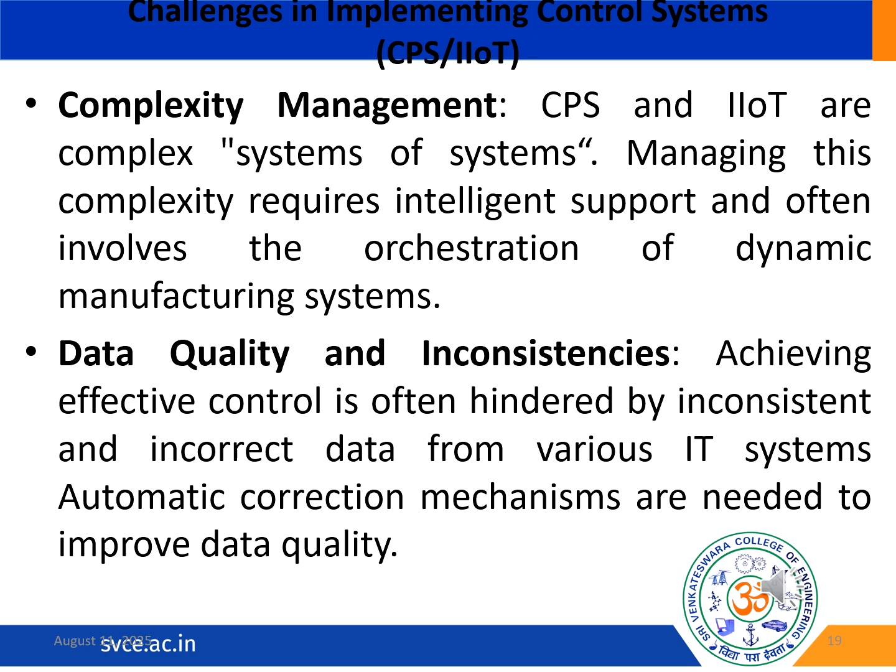It can also be determined by various data inconsistencies, and considering the data quality, we have incorrect data from various IT systems. So automatic correction mechanisms are also needed to improve the data quality.